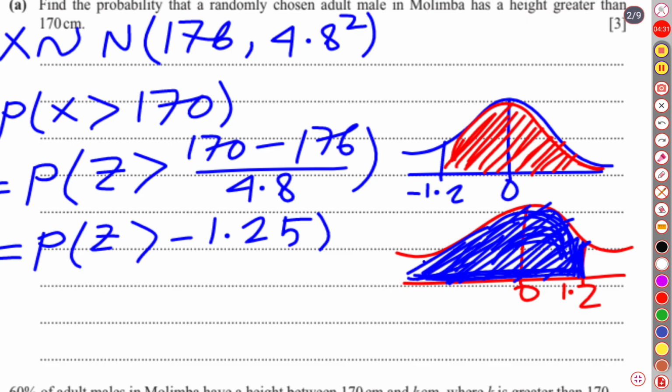It's exactly the same. So what we can write is the probability of z less than 1.25. Now you may ask what is the necessity of going through these difficulties.